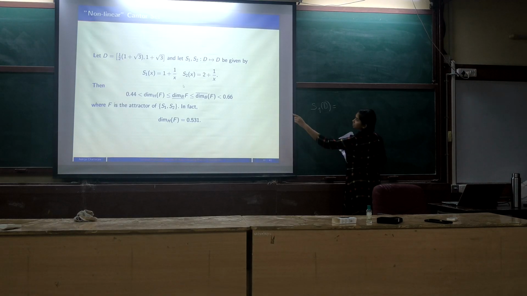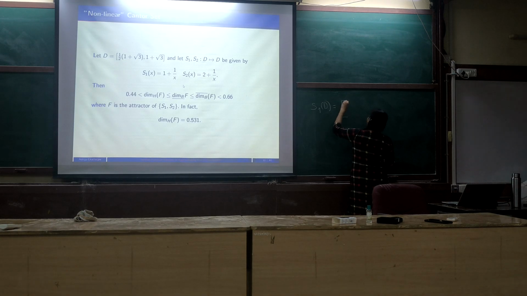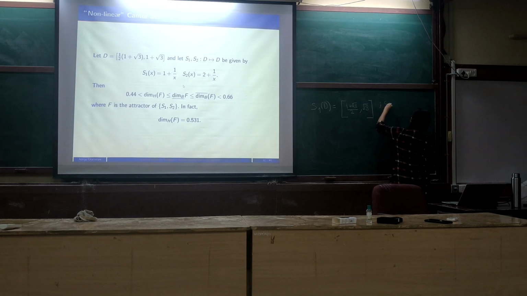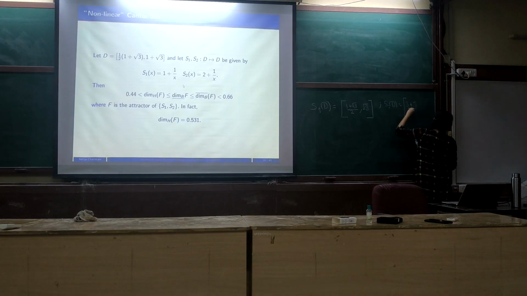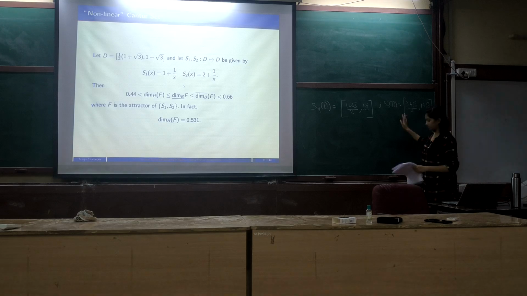So S1 of D, when you apply this S1 to D, then it is equal to 1 plus root 3 by 2 comma root 3, and S2 of D is equal to 3 plus root 3 by 2 comma 1 plus root 3. So the open set condition holds here because these are disjoint sets.